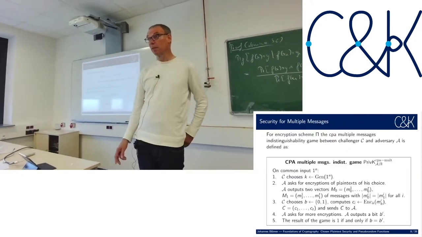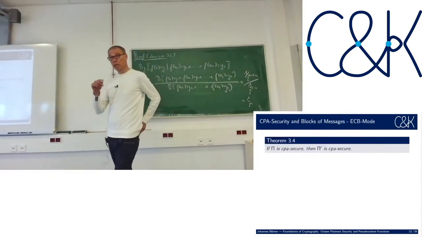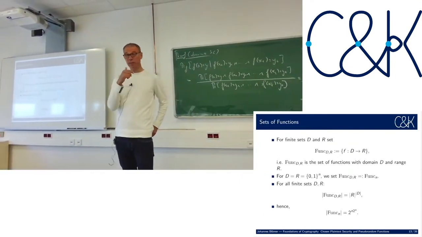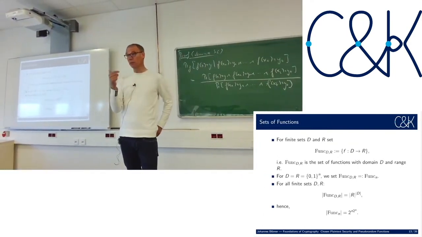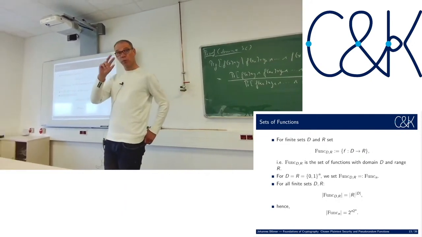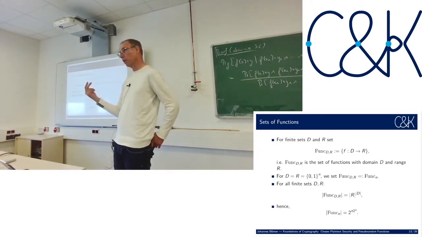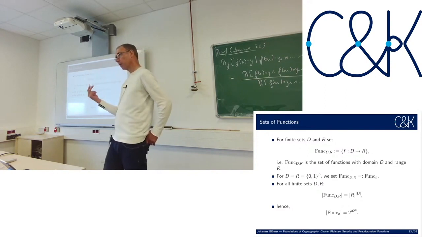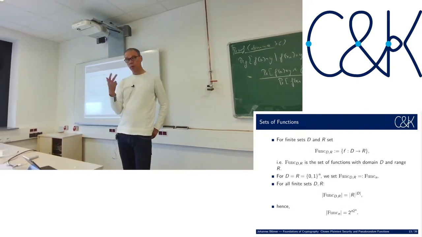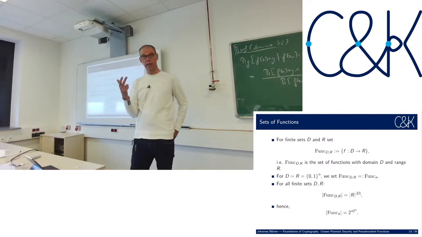So what should you take away from today? Remember pseudo-randomness as an important ingredient to construct cryptographic schemes. In a security proof, you prove something is secure if you use true, uniform randomness, and then you can replace it by pseudo-randomness. And then we looked at this new concept of chosen plaintext attacks.